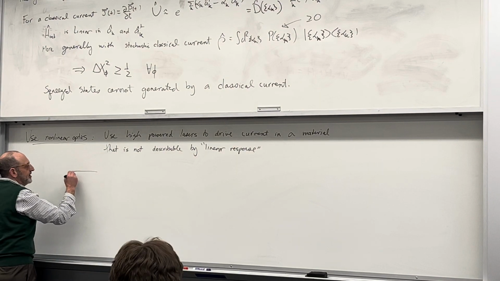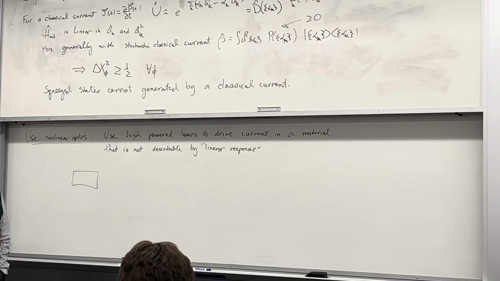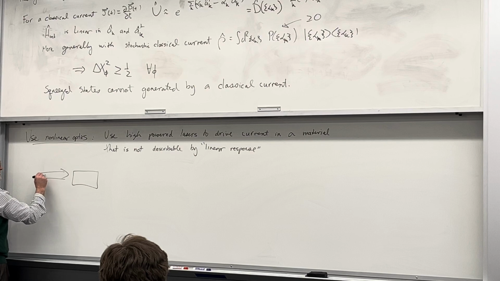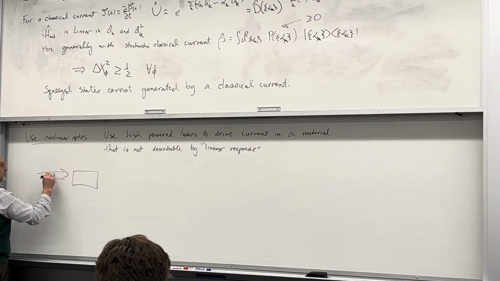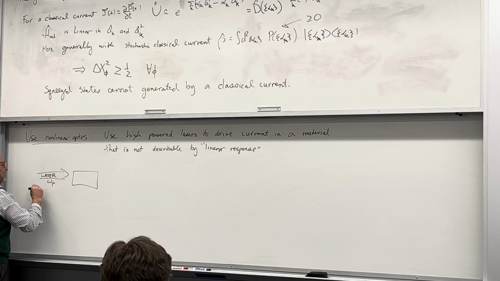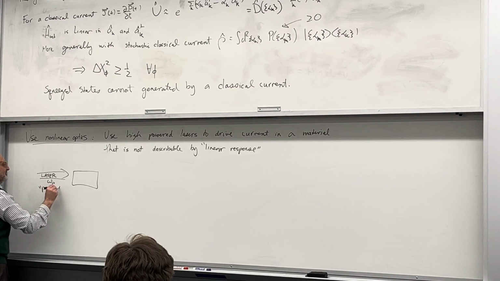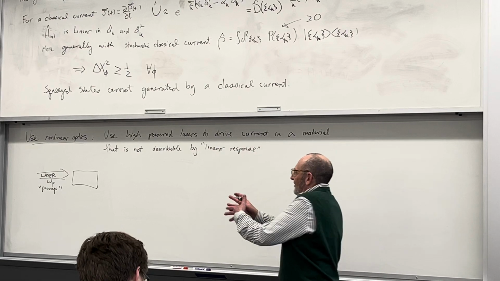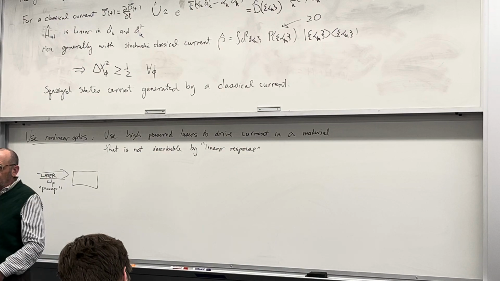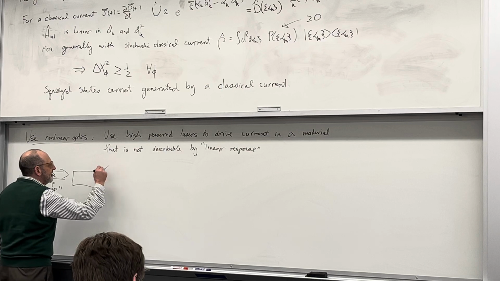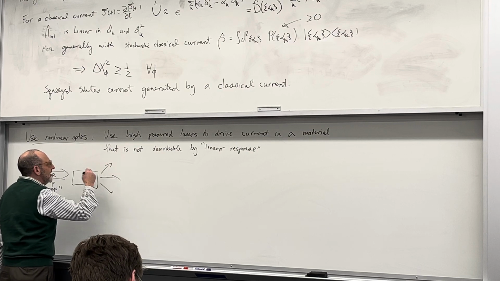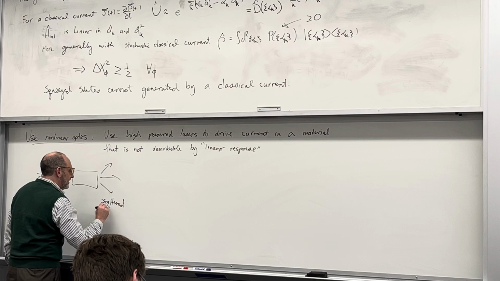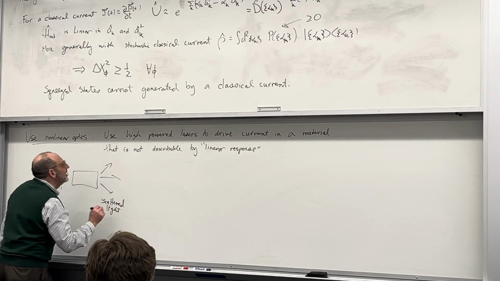Let's say I have some material, a crystal or whatever it is, and I have this high-powered laser. We'll call it the pump, okay? And there's something going on in this material, whatever it is, which is going to scatter light.